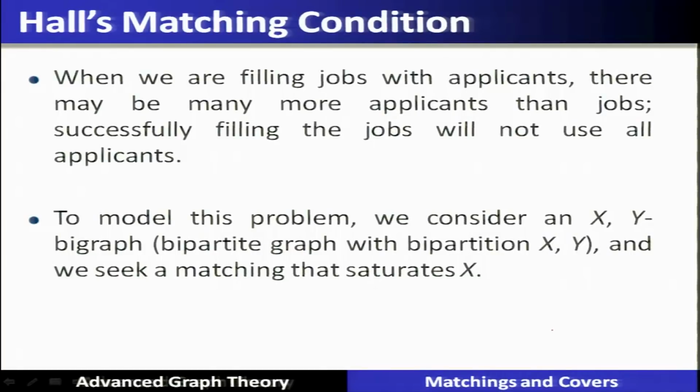So, to model this particular problem, we take an X,Y bigraph and we seek a matching that will saturate all the vertices of X, and that is the solution of this particular problem of job filling with the applicants.